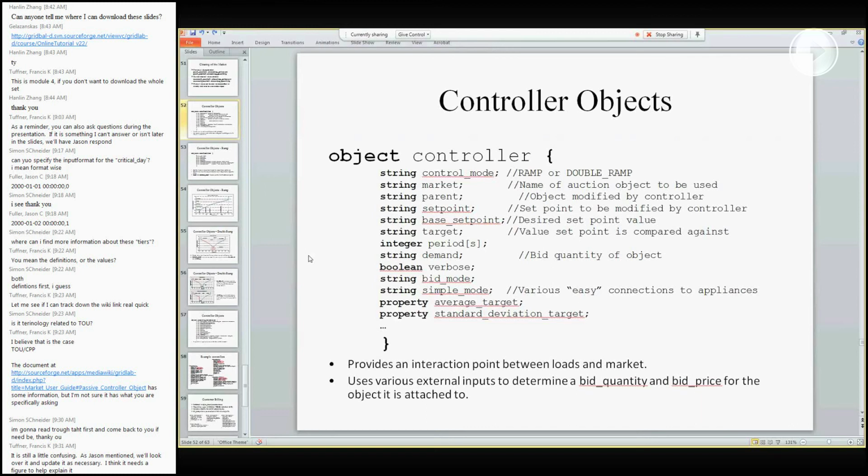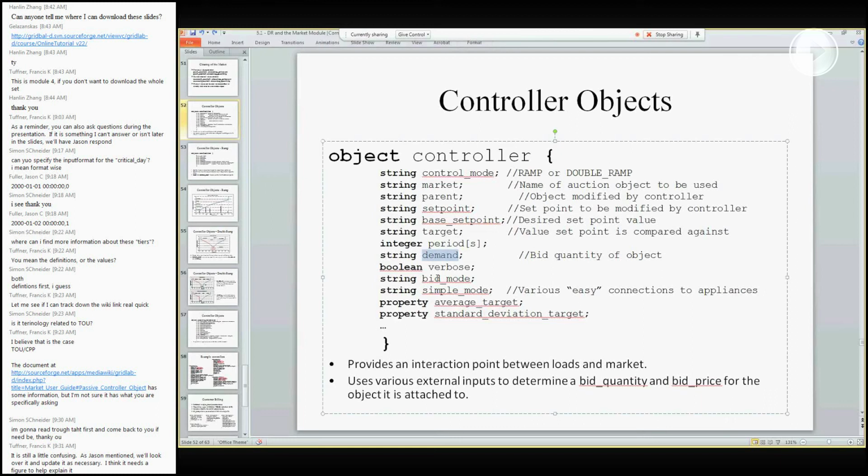This is really the case with stub auctions more than auctions, but ideally this value would be set equal to your period length of your auction or a multiple of that period length. And GridLAB will actually throw a warning. It will do a test on that and say, oh, well, this is not really the most ideal period. Are you sure this is what you want? And let you know of that.